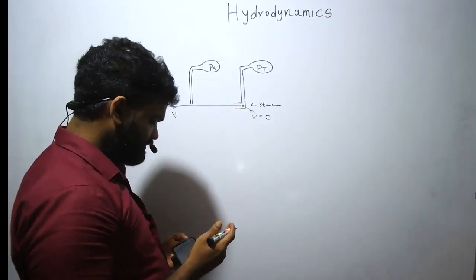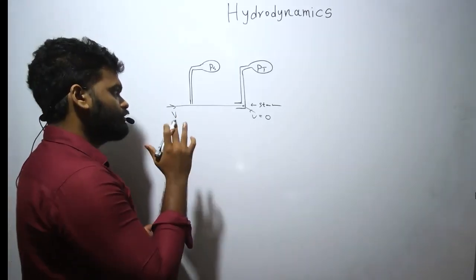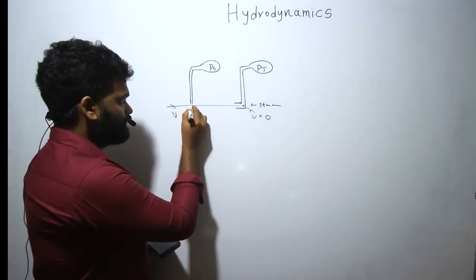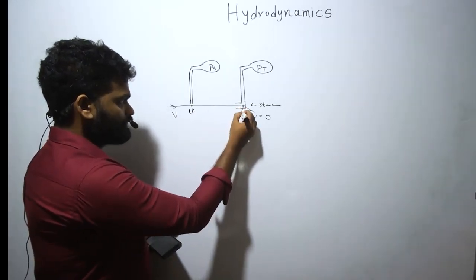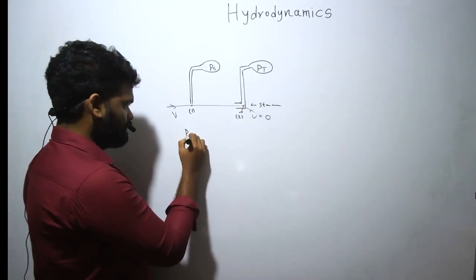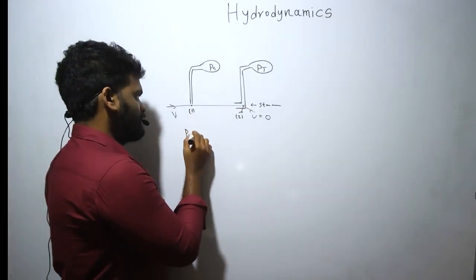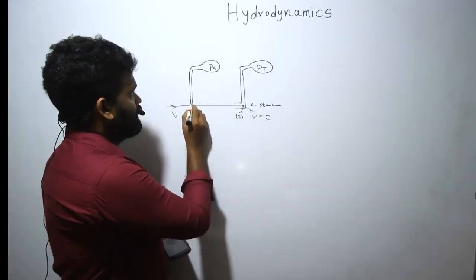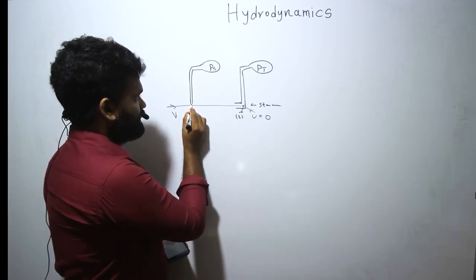Stagnating point. Okay. So what they ask is V. So all you have to do is just apply Bernoulli's equation to this point and this point. Again, no H rho G. P1 is what? They say pressure measured here is PS. So the pressure here also is PS, right?